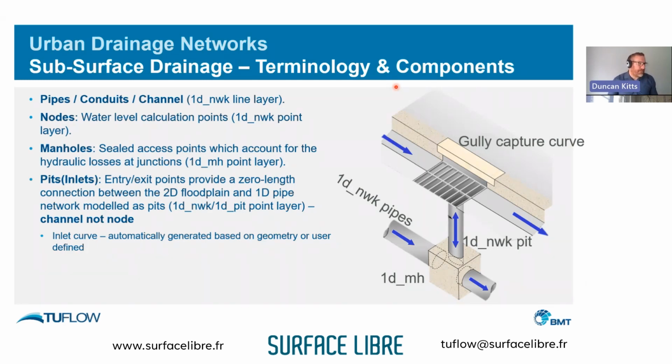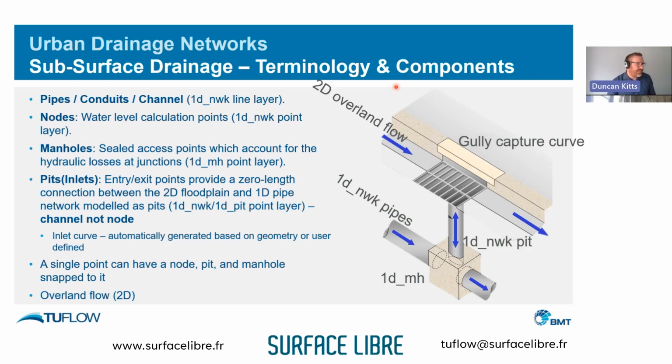And what that means is a single point location, where we have two pipes joining, can actually have a node, a pit or an inlet, and a manhole snapped to it. So we can have multiple nodes snapped to that one location. I think that's where a lot of the confusion to do with nodes comes from, is that you may have multiple points connected to that one location.